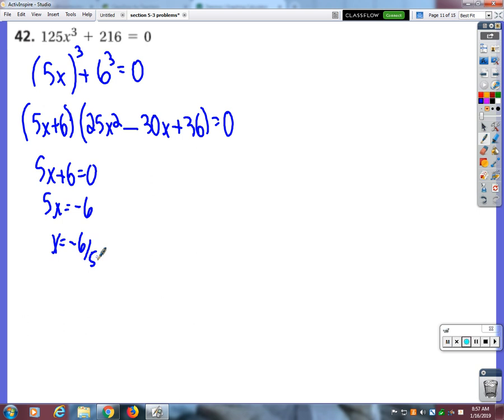And then this one right here, you could solve using the quadratic formula. But it'll never factor.